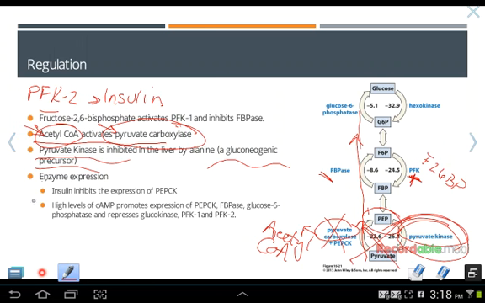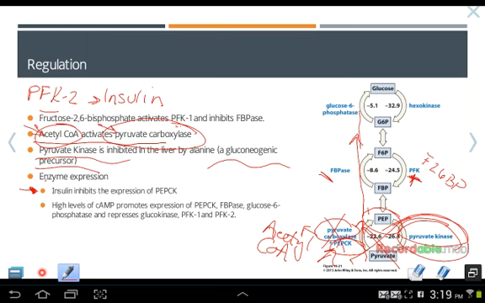Enzyme expression is also a great way to control both glycolysis and gluconeogenesis. Remember, insulin is present when there's high blood sugar. So this inhibits the expression of PEPCK, which is that enzyme that helps change pyruvate back to PEP.